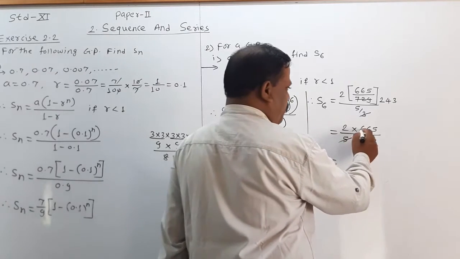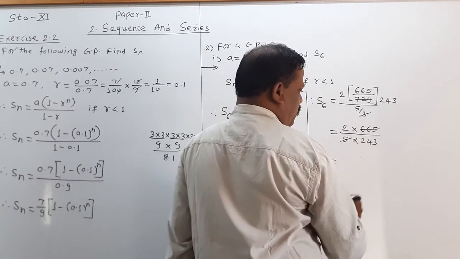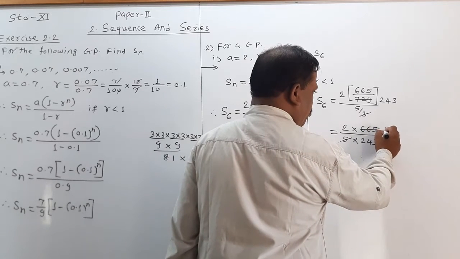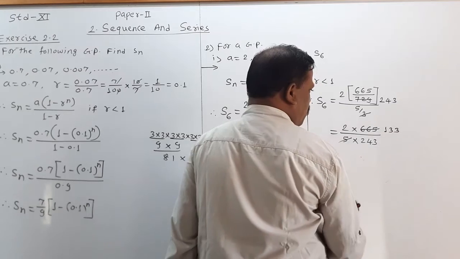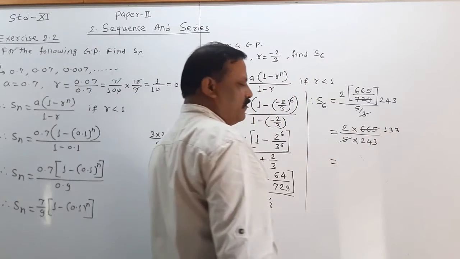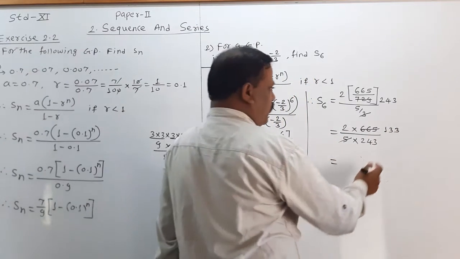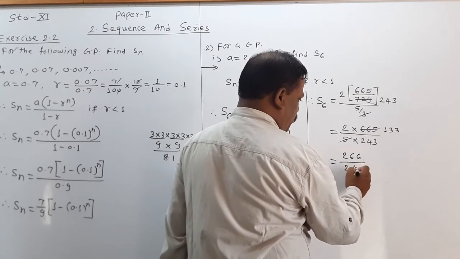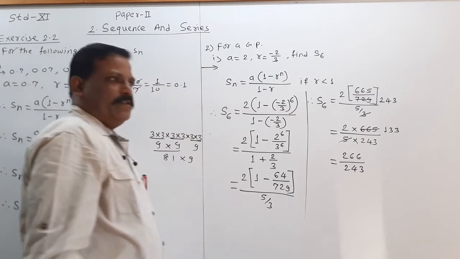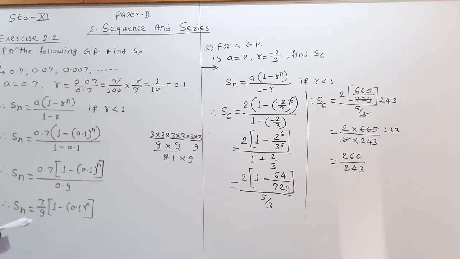Again divide this: 5 into 665 gives 133, and this multiplication. So we get 266 upon 243. So that is the required solution of this example.